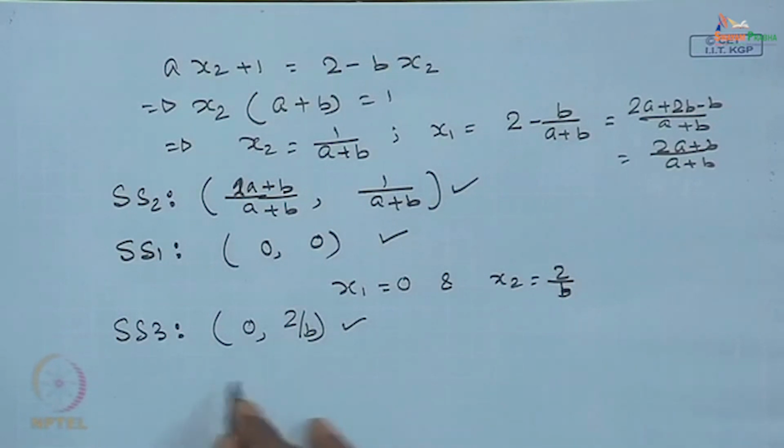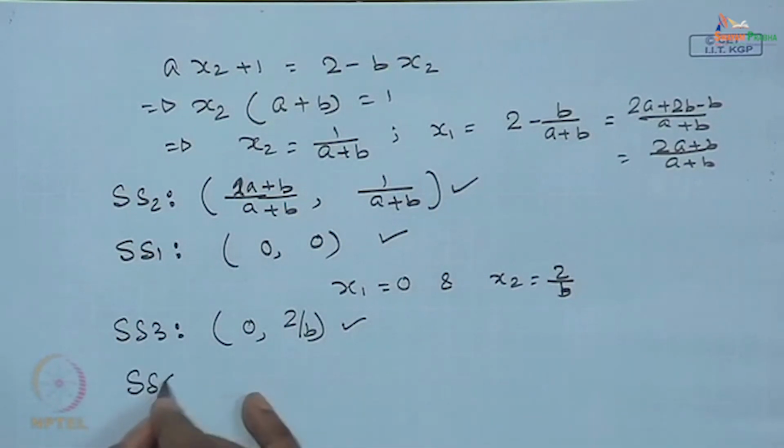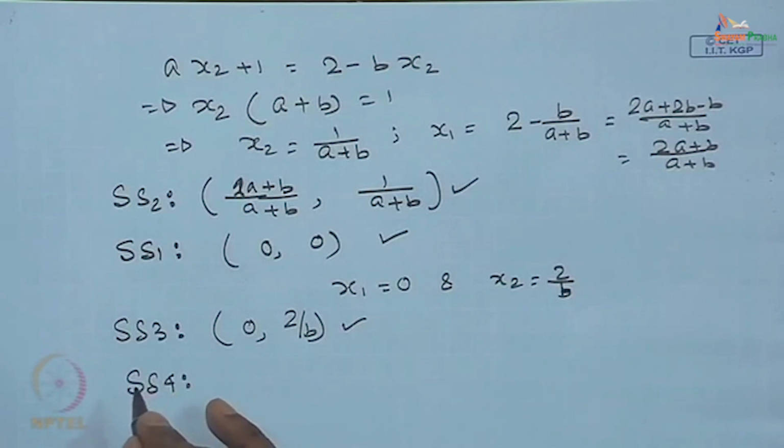Similarly, you can get another steady state, steady state number 4. Steady state number 4 will be x2 equal to 0. If x2 is equal to 0, then x1 is equal to 1.